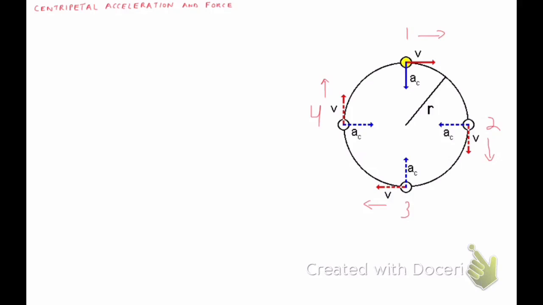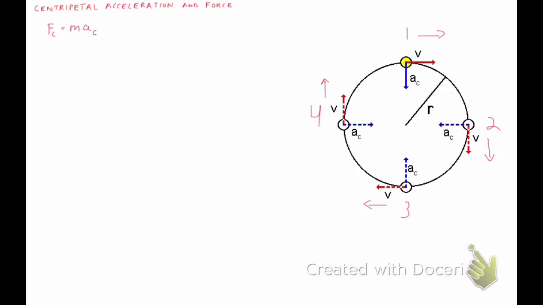Now we know from Newton's second law of motion that an object which experiences an acceleration must also be experiencing a net force. And in this case, we call this force centripetal force. The centripetal force is equal to the mass times the centripetal acceleration. So what do we know about the centripetal acceleration?